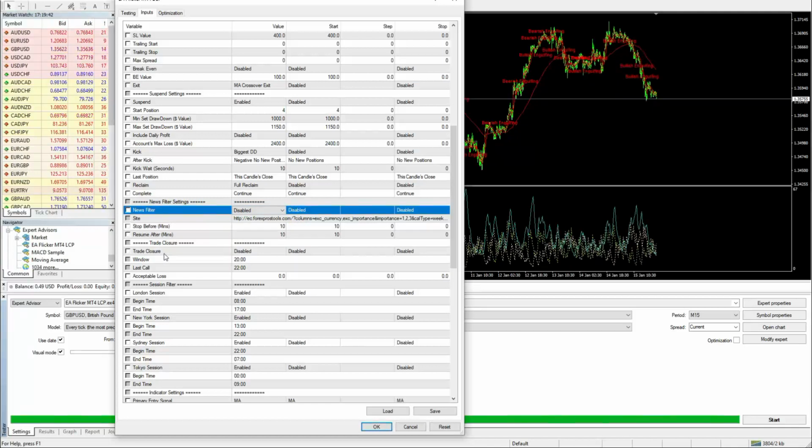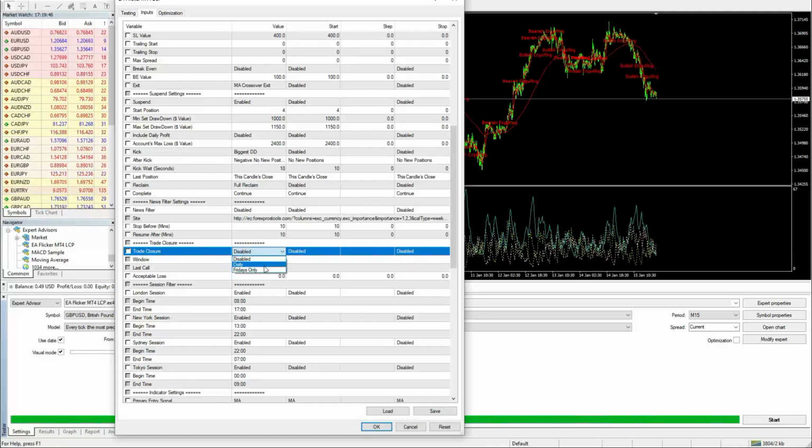Okay, trade closure. This applies to daily or Fridays only. Now FTMO doesn't allow you to have pending trades over the weekend, right? So yeah, you can set this for Fridays. The window stops opening new positions from what time, and then the last call is where it will not tolerate any more open positions and will just auto close everything.